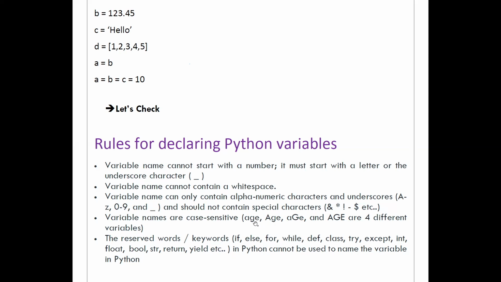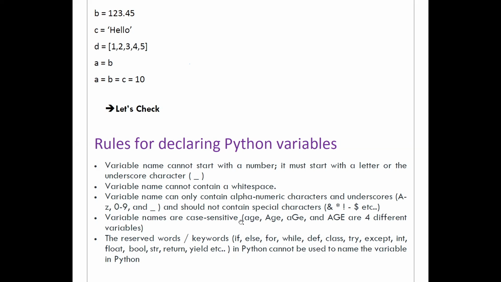So meaning age all three letters lowercase, Age first character uppercase, aGe middle character uppercase, AGE all three letters uppercase. So these all four are four different variables in Python, because in Python variables are case sensitive.